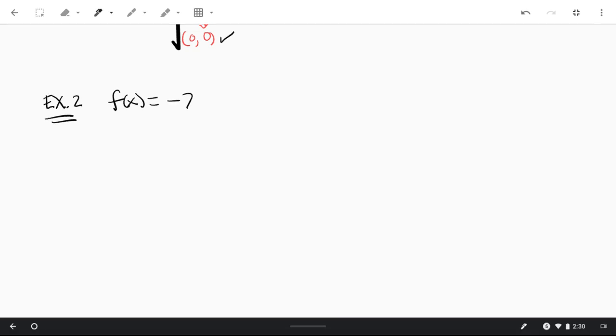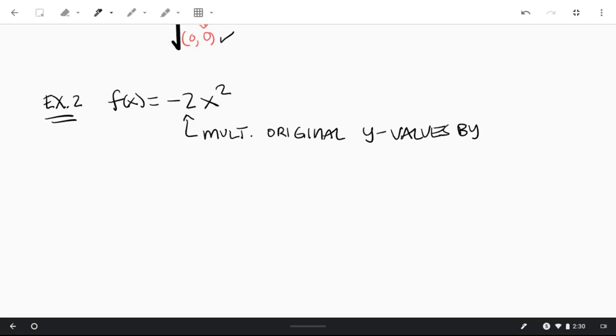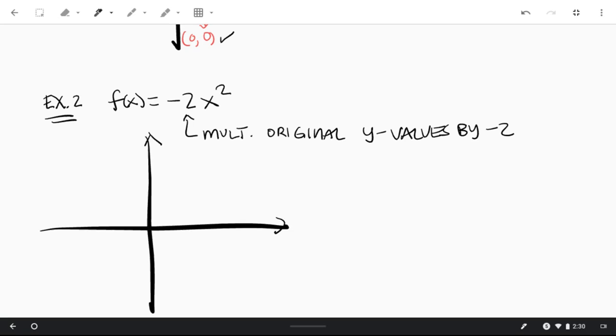Okay, so we're going to take the parent function x squared, and we are going to multiply the original y values by -2. Okay, so again, this means to multiply the original y values by -2. Okay, so let's go ahead and get our original parent graph here.